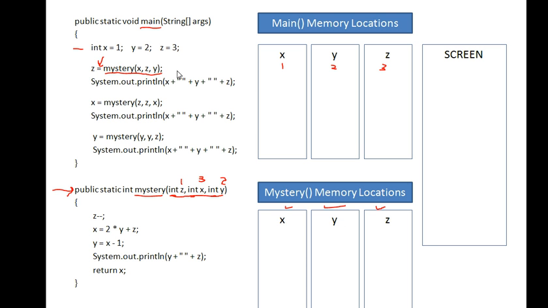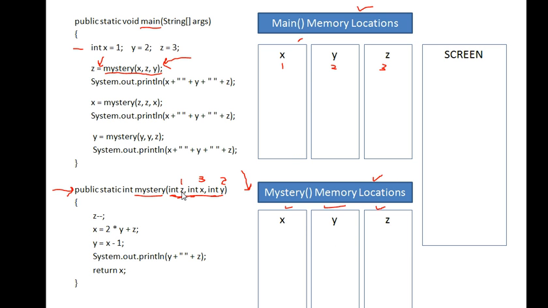So this x, y, and z up here has nothing to do with these x, y, and z in here. We could have said a, b, and c, and it still would be accomplishing the same thing. The point is that the value of the main method's x is really given to the mystery method's z, and that's why we have the main memory locations, and then the mystery method memory locations.